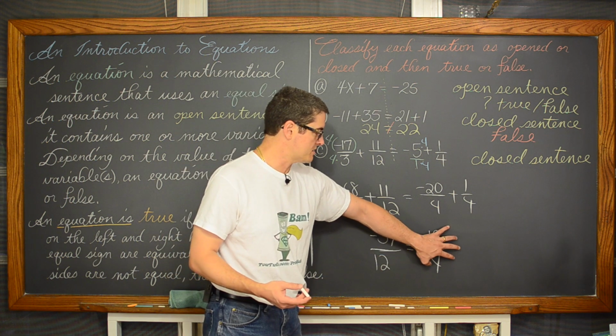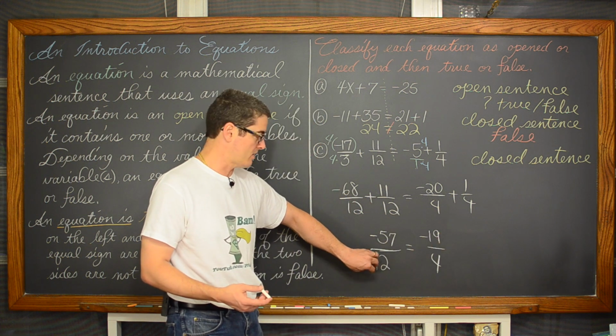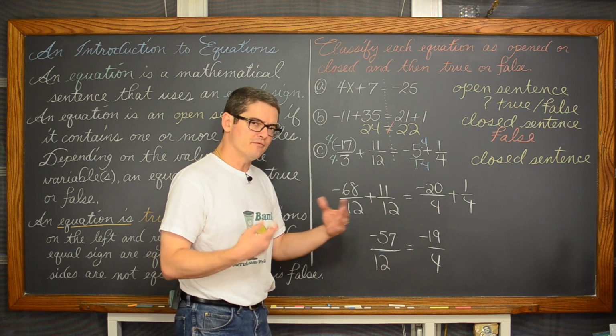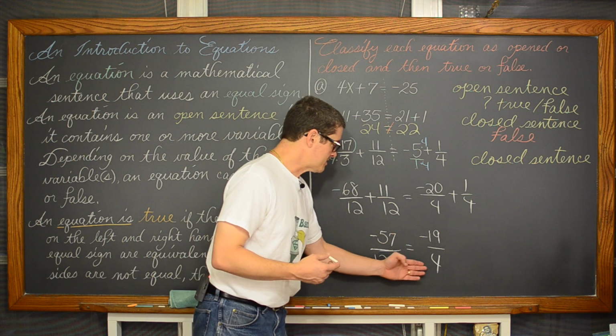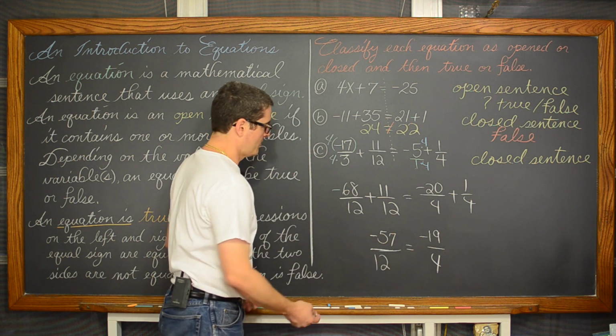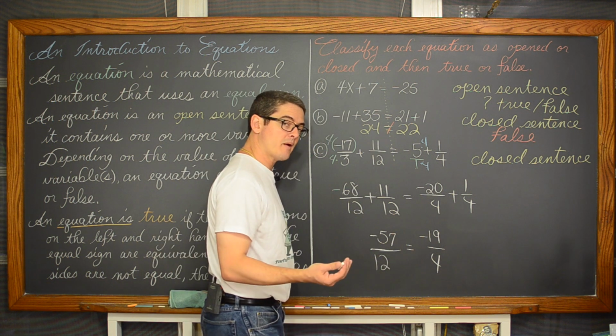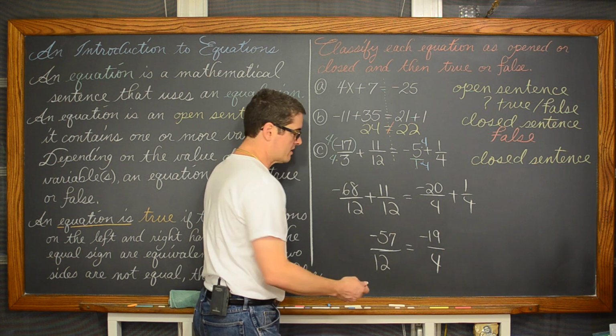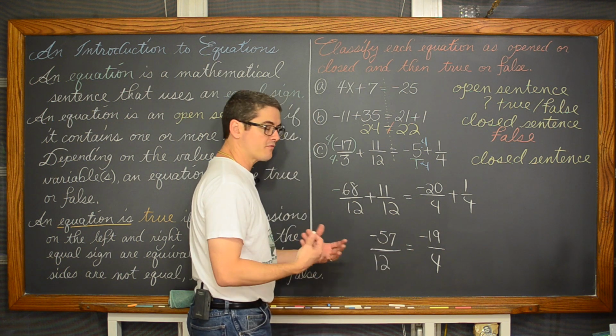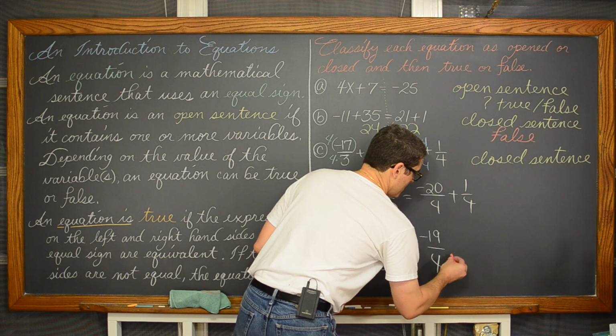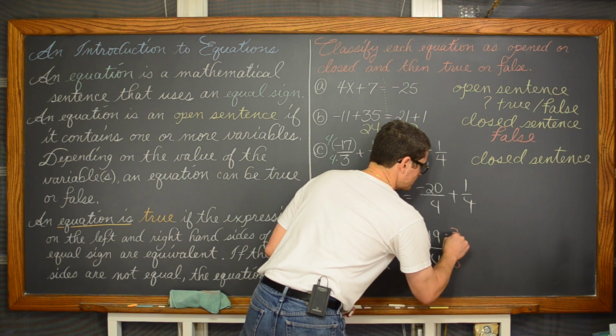So I either can make this denominator bigger to match the left side, or I can reduce this fraction, if possible, and get that denominator down to the 4. Now, 57 and 12 are both divisible by 3. And then we can divide the numerator and denominator by 3 and reduce the fraction, or I can come over here and multiply this by 3.